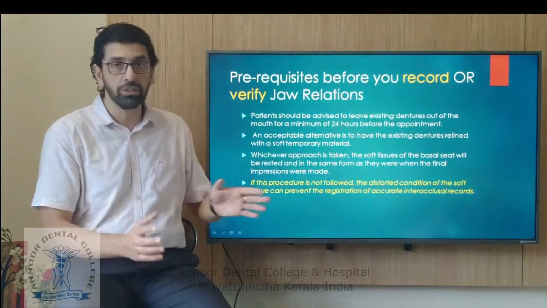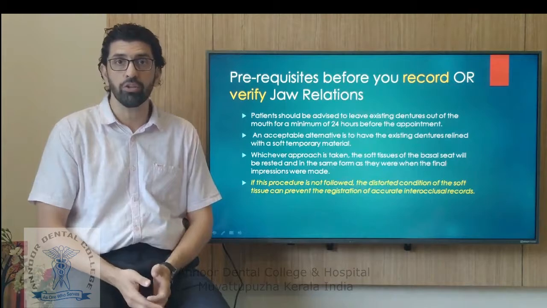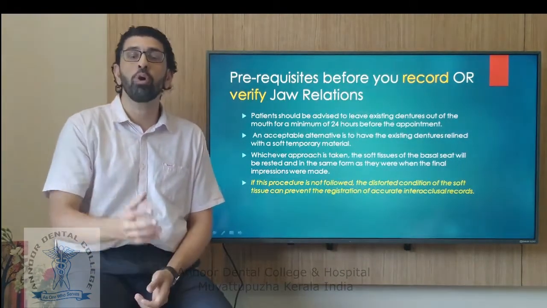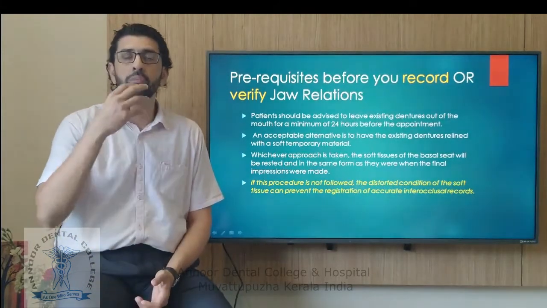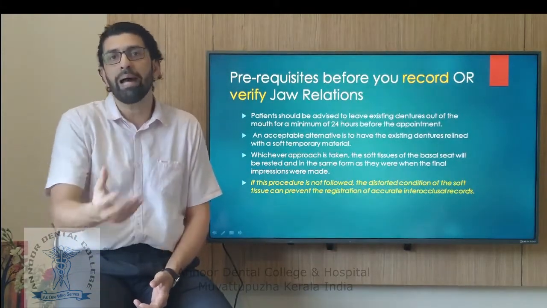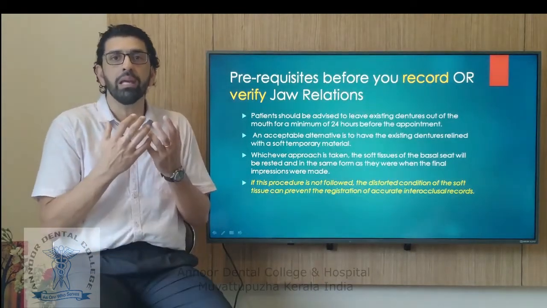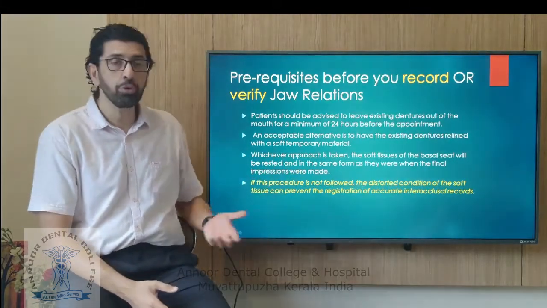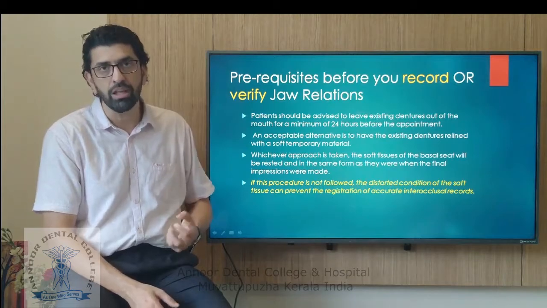An acceptable alternative, since some patients may not really accept the fact that they have to keep their dentures out, is probably to reline the dentures with a soft reline material, which will enable the tissues to heal and come back to their normal position rather than being in a stressed-out position. Okay, and that will help us. Whichever approach is taken, give time for the soft tissue of the basal seat to recover.